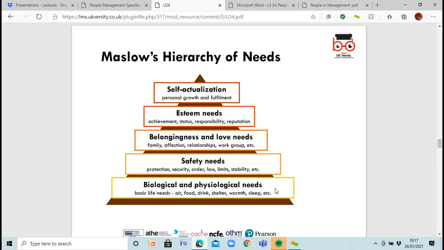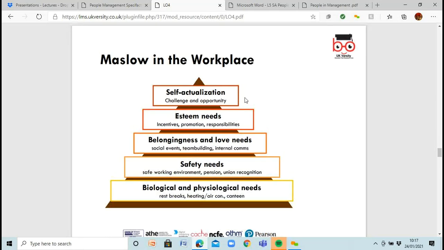So at the bottom are the most basic, which is biological and physiological needs. So like basic life needs of food, water, sleep. Then you have safety needs, which is protection, security, stability, belongingness and love needs, family, affection, relationships. Then you go into esteem needs, so achievement, status, responsibility, and then self-actualization. So it's your personal growth.